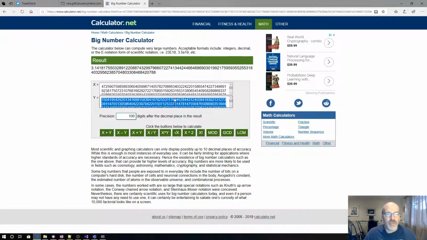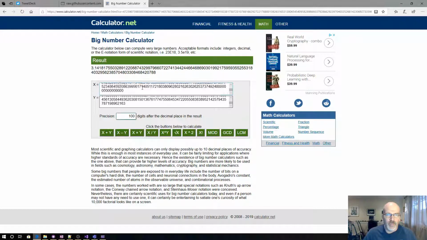It seems like, actually, yeah, that's an odd number, so that's an even number because it's all a bunch of zeros at the end. As you can see here, 3.1418, you know.